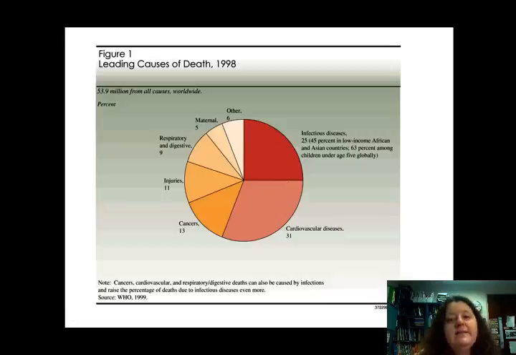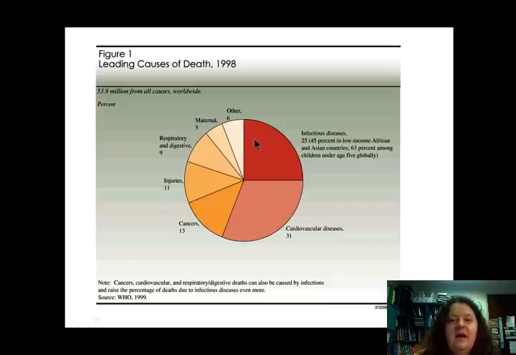And if we break it down and we look at low-income African and Asian countries, the percentage goes up to 45% of the deaths in those countries due to infectious disease, almost half. And for children under age 5, I mean little kids, 63% of kids in the world who die, die from infectious disease, right?